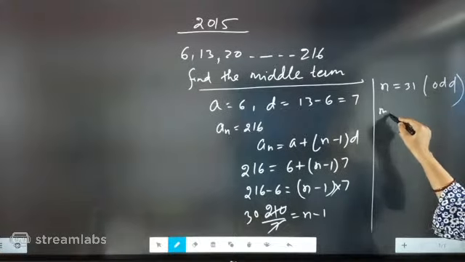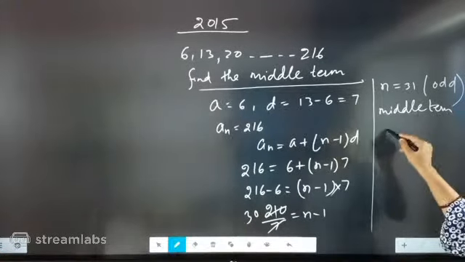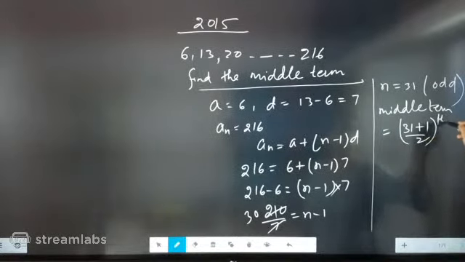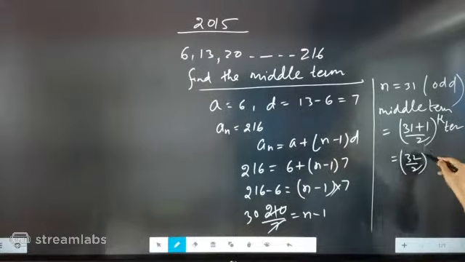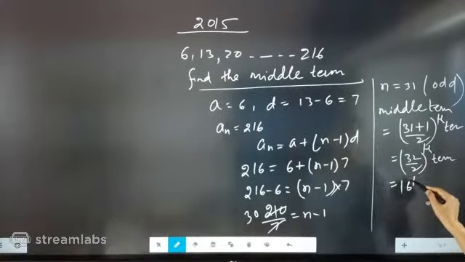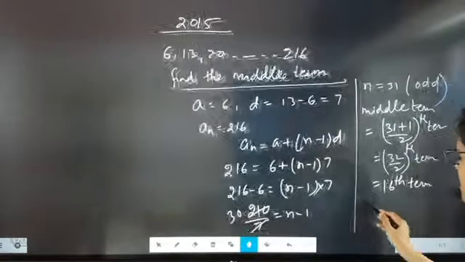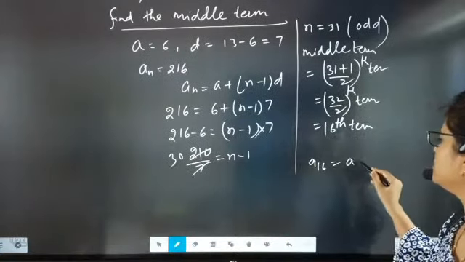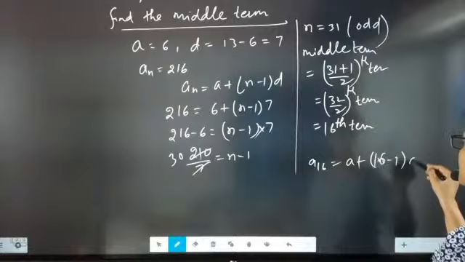So here the middle term will be equal to the 31 plus 1 by 2 term. That means 32 by 2, the 16th term. Absolutely correct, beta. Now what is the value of the 16th term? a16 is equal to a plus 16 minus 1 into d.